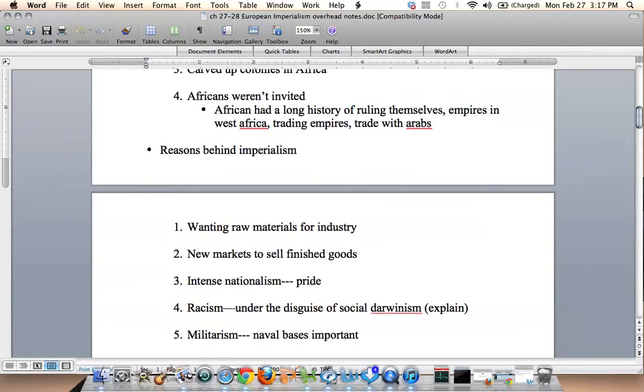There was also something called militarism, and at that time, the strongest countries had the biggest navies, not the Air Force. You know, there was no Air Force. A big army is good, but the strongest countries had the biggest navies. And ships, how were they powered at that time?